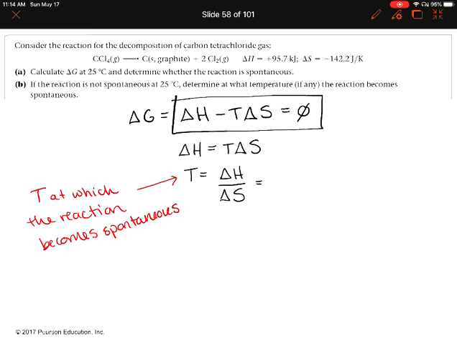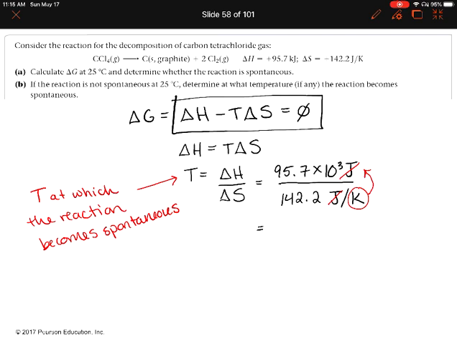So we said that delta H in joules was 95.7 times 10 to the third, and delta S was 142.2 joules per Kelvin. All right, so joules will cancel, and then Kelvin is in the denominator of a denominator, so that will actually be in the numerator when we do our final unit here.